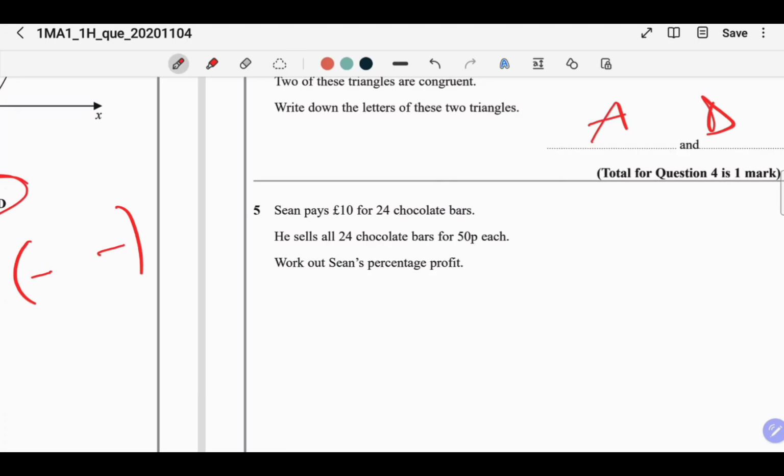Okay, so first of all, we need to get his cost price and his selling price for all the 24 bars of chocolate. If he's paying £10 for the 24, his cost price is definitely £10. Then he sells 24 chocolate bars for 50p each. Okay, if he's selling one bar for 50p, how much will be 24?